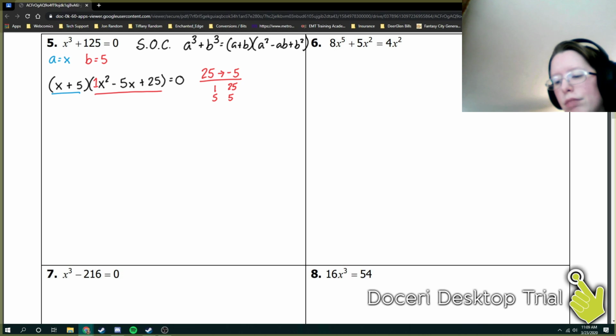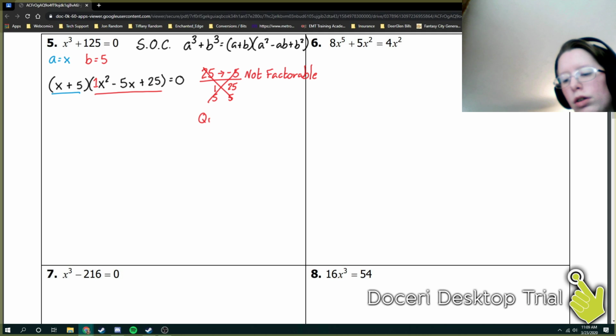No, not possible. So this one was not factorable. So now we're going to try the quadratic formula. Again, just Google formulas if you forget it. It's more important that you know how to use it.